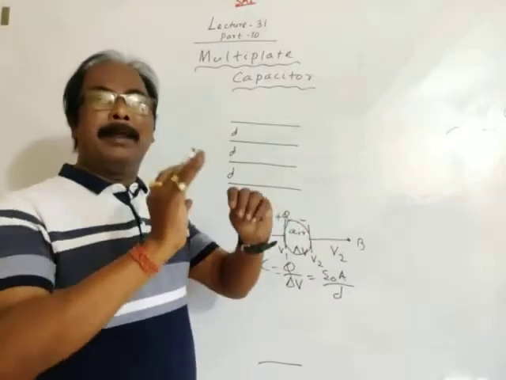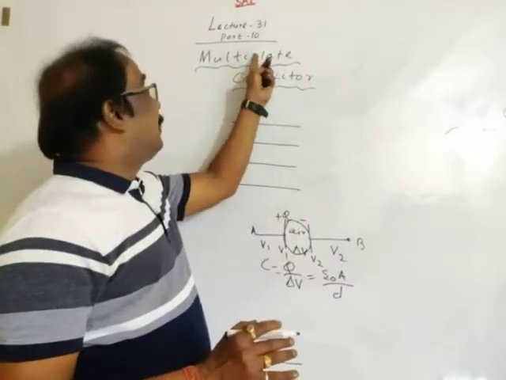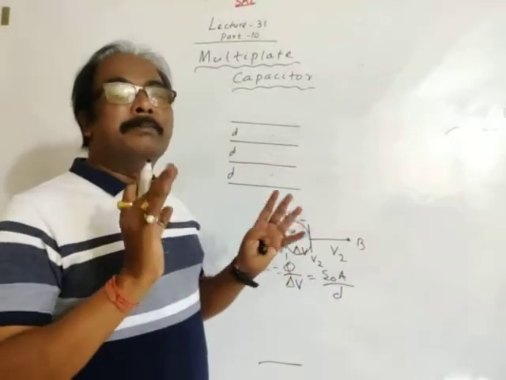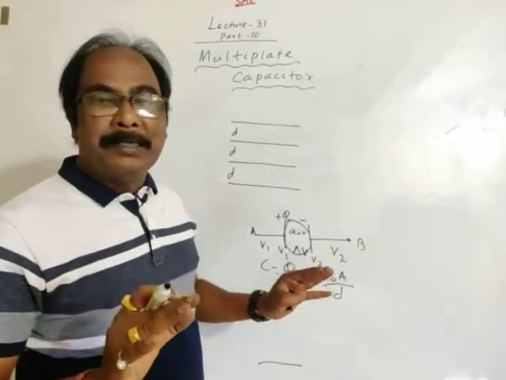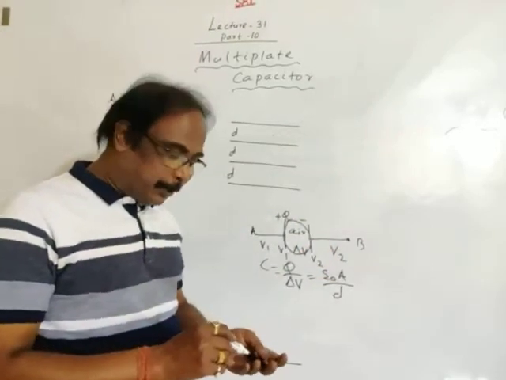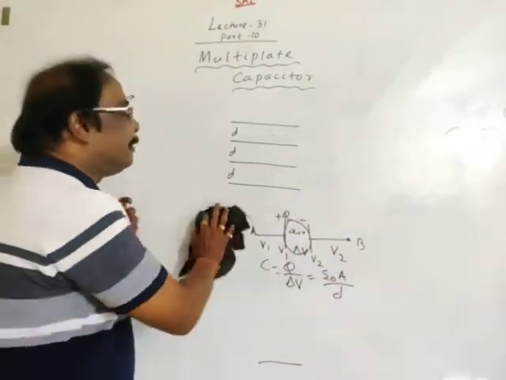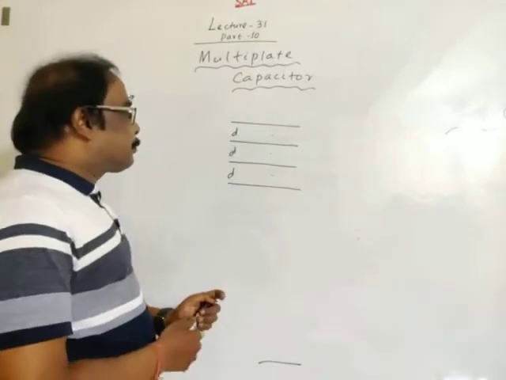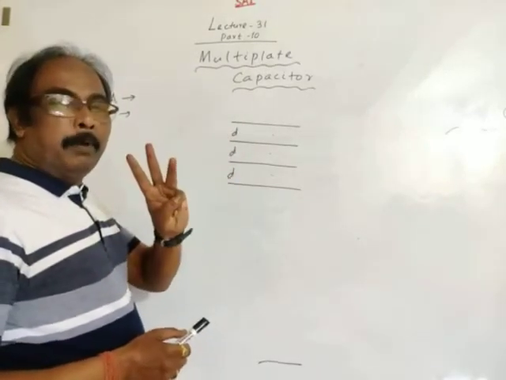So a multiplate capacitor is a combination of a number of capacitors. Let's start this numerical. With 4 plates, we can obtain a maximum of 3 capacitors.